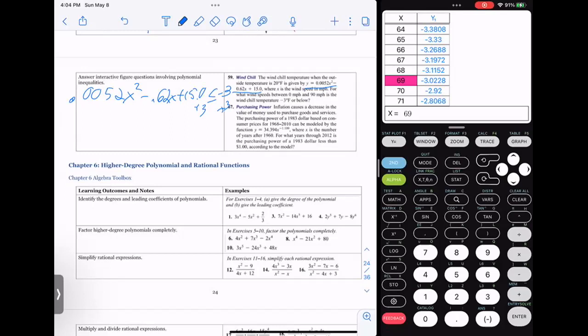All right, what would be the answer there? They want to know what wind speeds would give you a wind chill temperature at -3 degrees Fahrenheit or below, right? y is your Fahrenheit, and we're looking for the x values, our wind speed, that will give us -3 or below. So it should be from 50 to some number between 69 and 70.